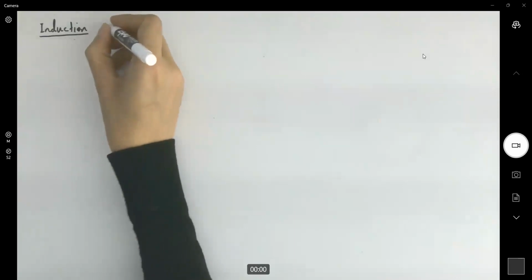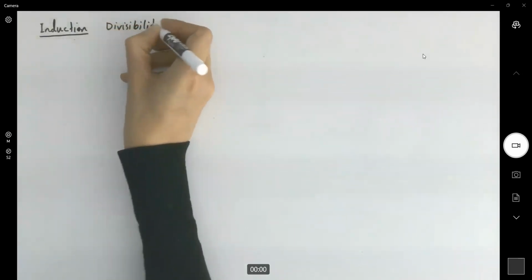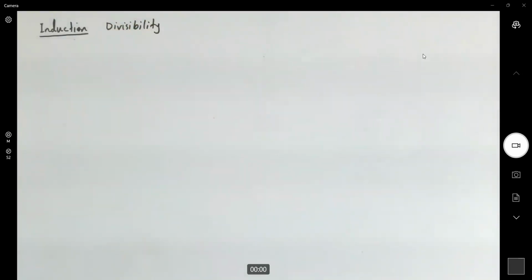Now we're going to apply induction in divisibility proofs. Take a look at the following.